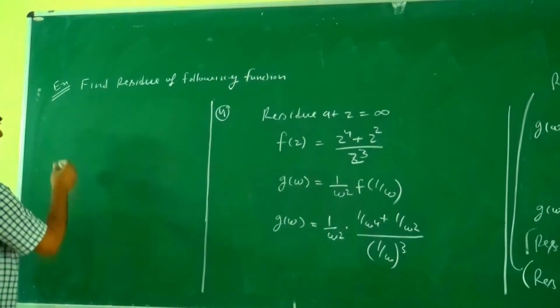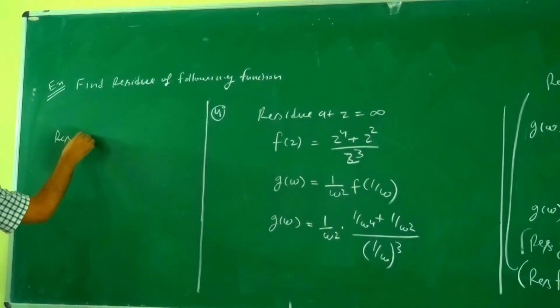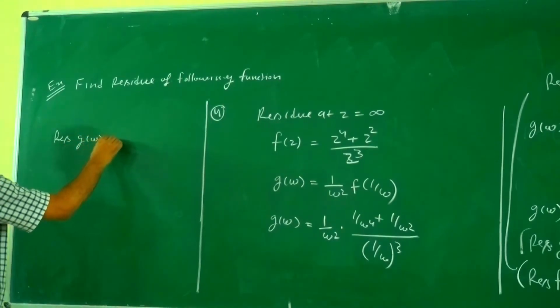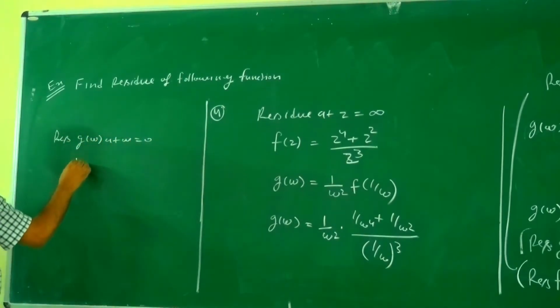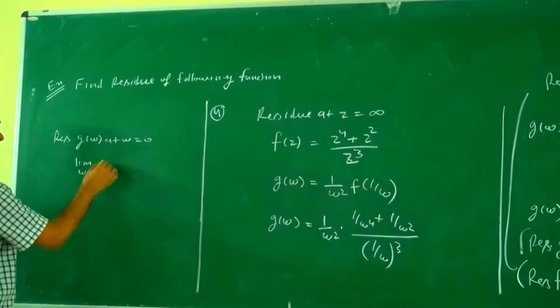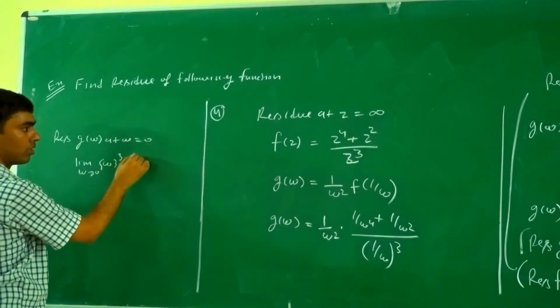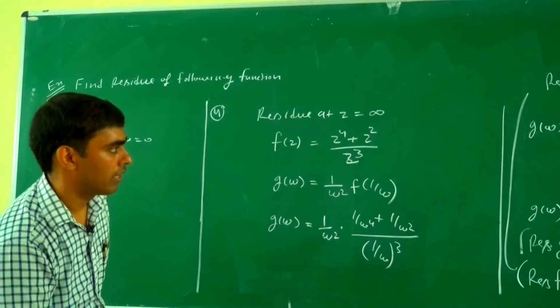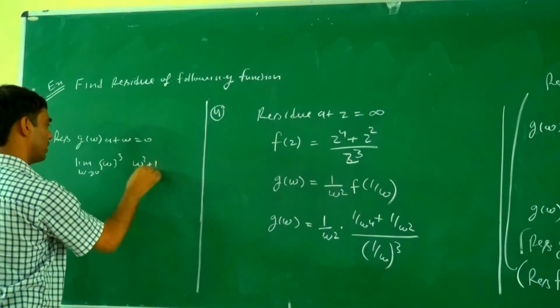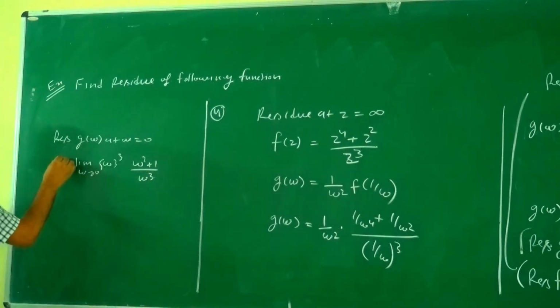The residue of G(W) at W equal to 0 is the limit as W tends to 0 of W cube times (W square plus 1) divided by W cube, with the second derivative d2 upon dW square, into 1 upon factorial 2.